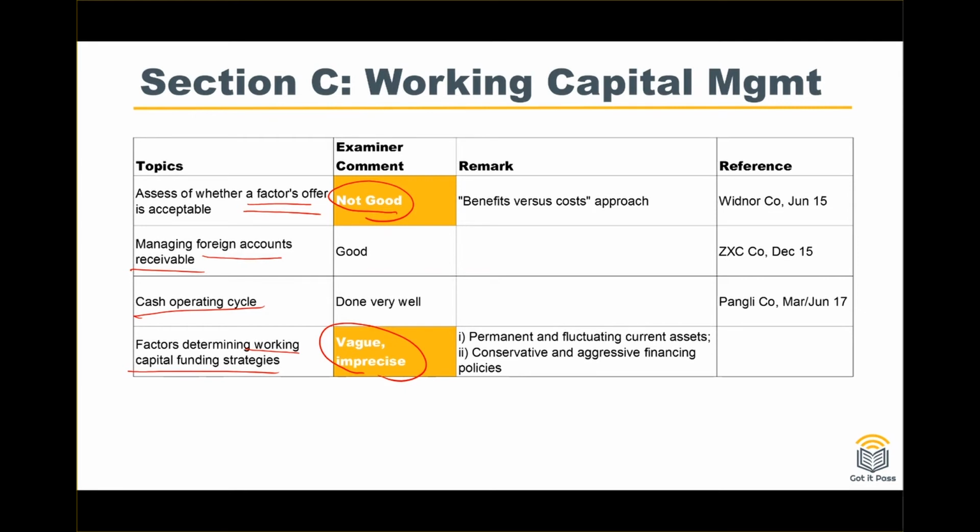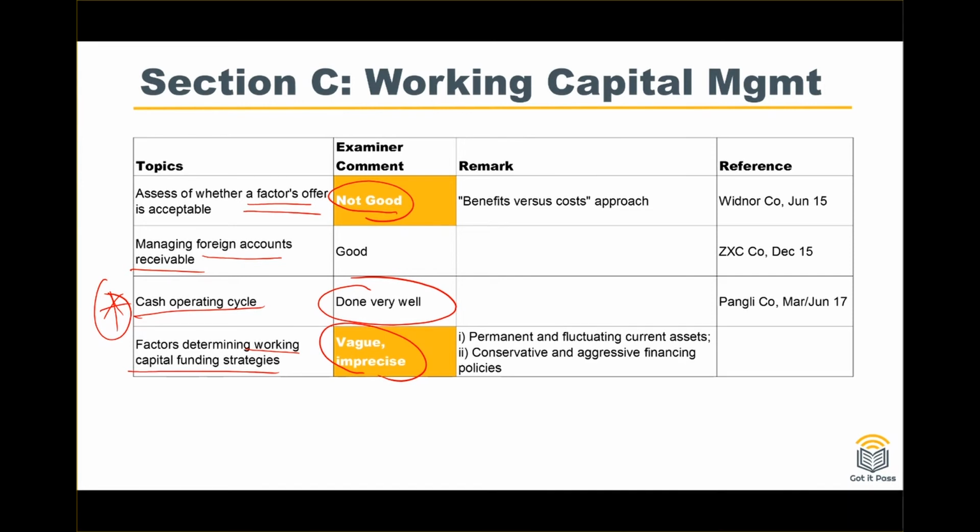The next example here is the cash operating cycle. I still remember the cash operating cycle questions answered by candidates in 2016 and early 2017. The comment was "not good", and it happened again and again. This time I found the work done very well. In my opinion, the cash operating cycle may go back to section B or section A because students are well prepared for it.